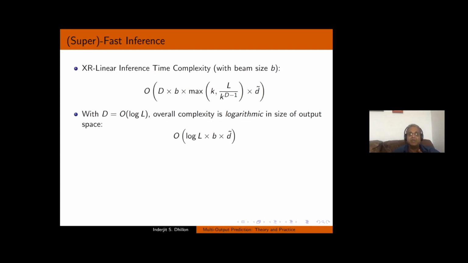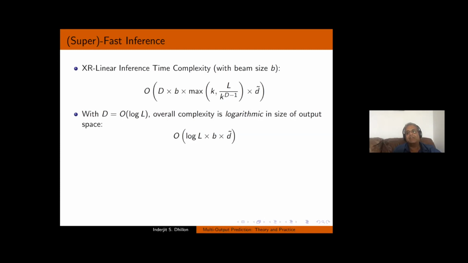So essentially what we can do is a beam search: take an input, start from the root, and have a beam size of B, and then you go along and do this classification at each step, and each of the classifiers outputs some score, and you do beam search according to those scores. I'm skipping a lot of details, but the details are in a paper that we are writing.